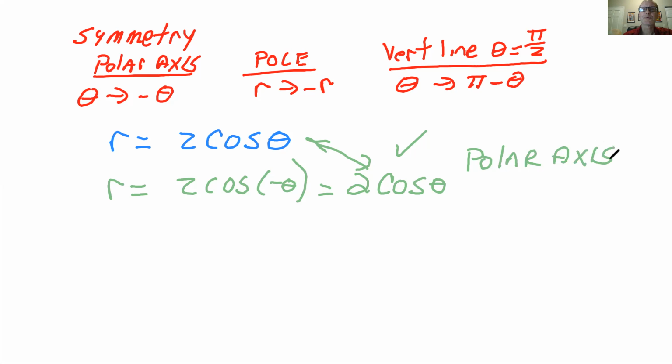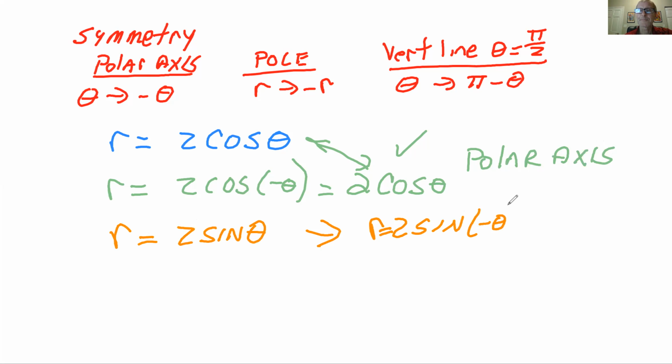Let's do an example where it's not. Let's change it to sine, right? So remember that when you replace it, r equals 2 sine of minus theta.